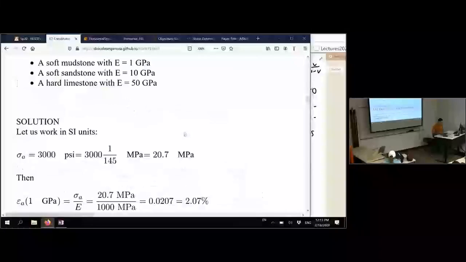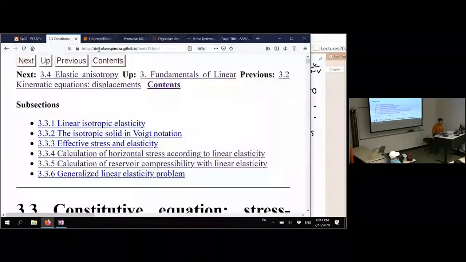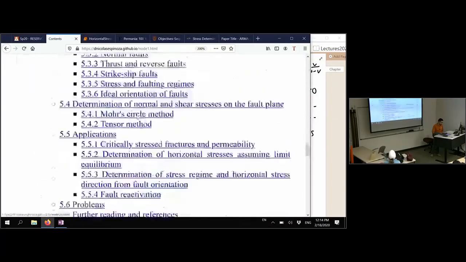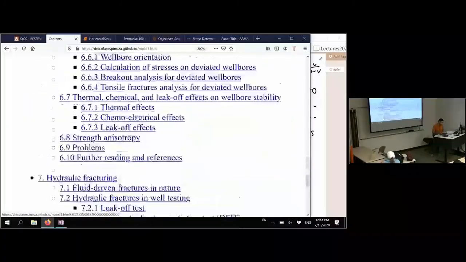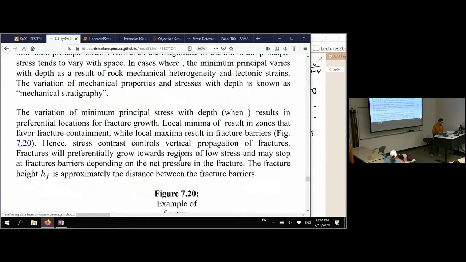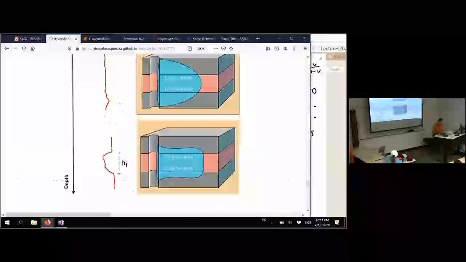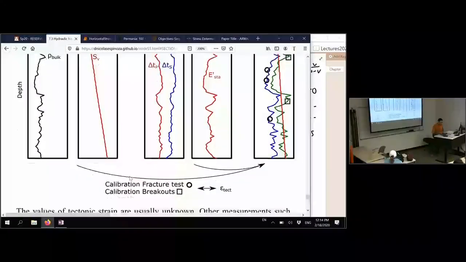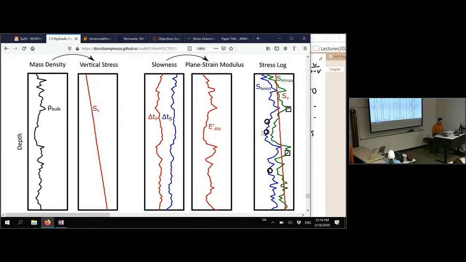We're going to see how we can use this theory to come up with a model for a wellbore and predict horizontal stress as a function of depth. It's relatively straightforward.